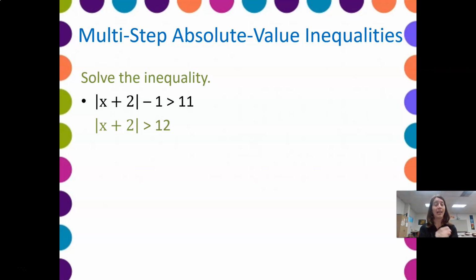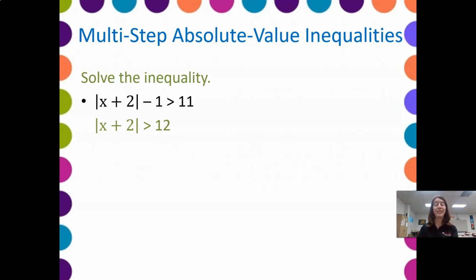I cannot get rid of that 2 first. Again, some of you were doing that even though I said don't do it, so make sure you're listening carefully. You cannot get rid of the 2 yet because it's on the inside of the absolute value sign. What kind of inequality do we have here? It's a greater than. Well, greater than meant I had to stay outside of 2 numbers. What numbers did I have to stay outside of? Negative 12 and positive 12.